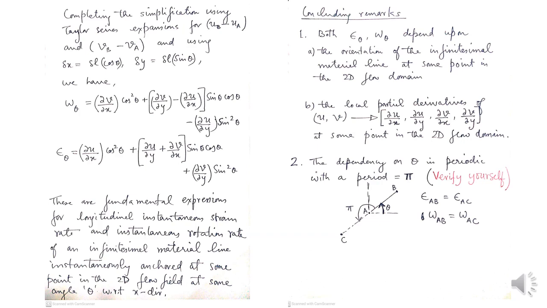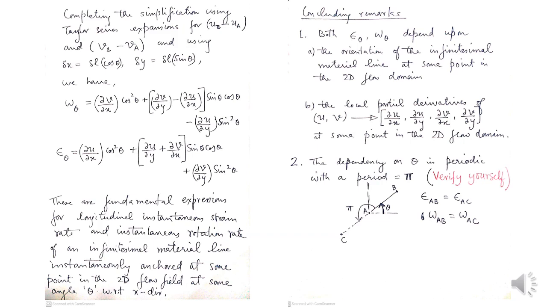Because ultimately you can express it as a single sine or cosine, not of theta, but a function of 2 theta. So that's why we are saying that the dependency on theta is periodic with a period of how much? Pi, because sine 2 theta or cos 2 theta terms have a period equal to pi and not 2 pi. You can verify this yourself. I have already given you the hint.